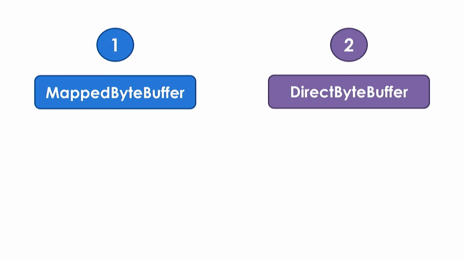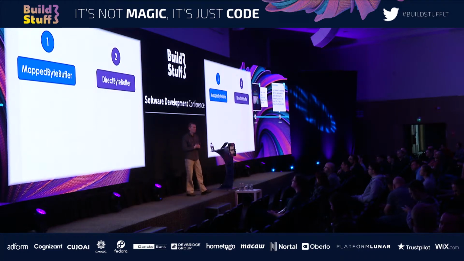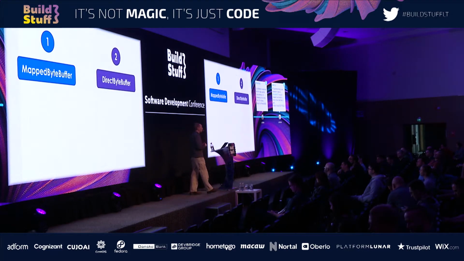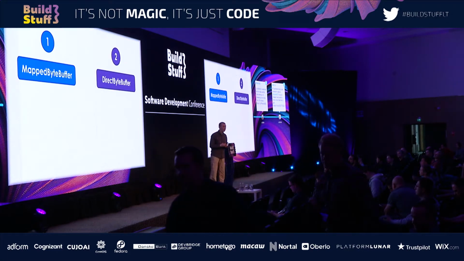Now, a direct byte buffer has a certain set of features. Map byte buffer has got the same features, plus it adds some others. Like I can force the file to disk if I've made changes, so I don't lose any data. Now, I mentioned Liskov at the start of this. Barbara Liskov, who did the work on VStamp replication, which is arguably the first protocol that was out there, she's probably much better known for the L in SOLID.